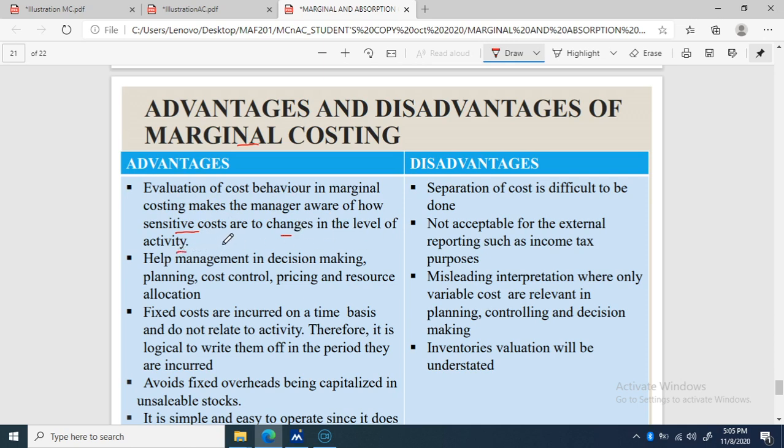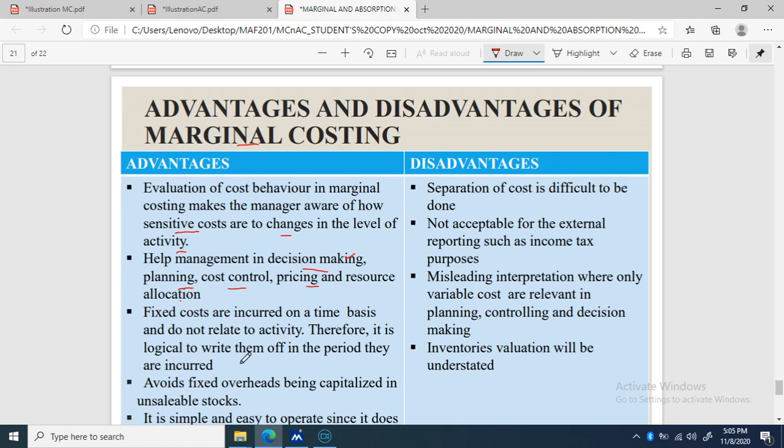So when your level of activity or volume of production increases, what will happen to your costs? Increase or remain constant? Because we classify according to cost behavior. So that's why it can help management in decision making, for planning, for controlling costs, pricing and resource allocation.